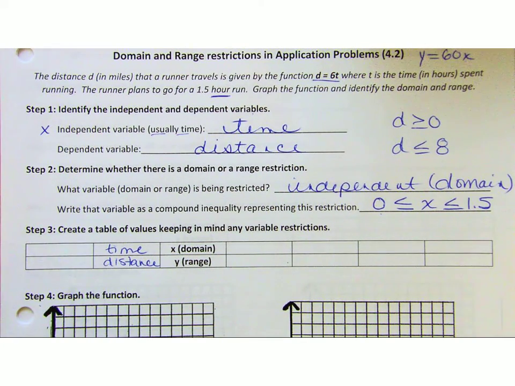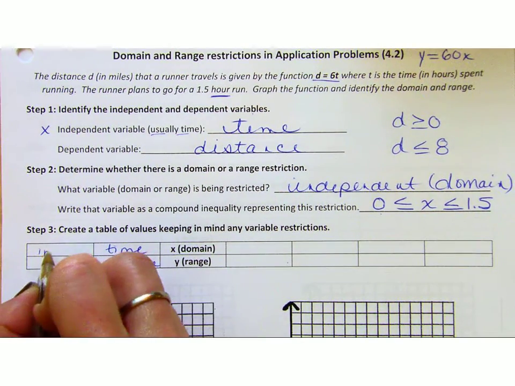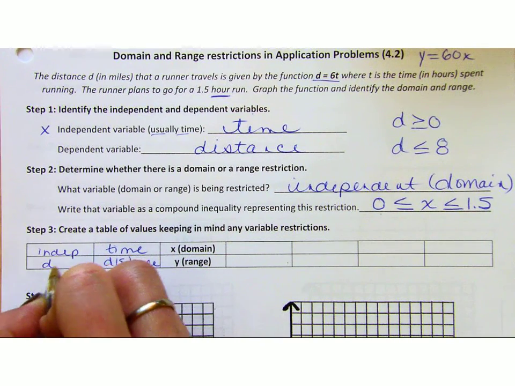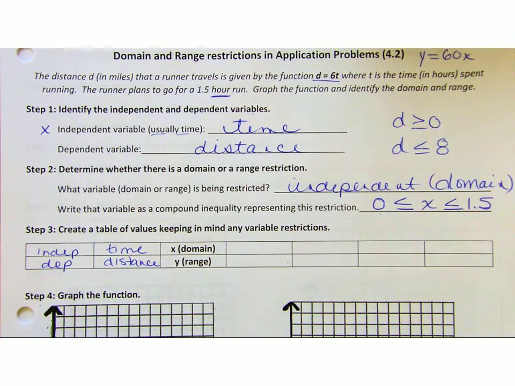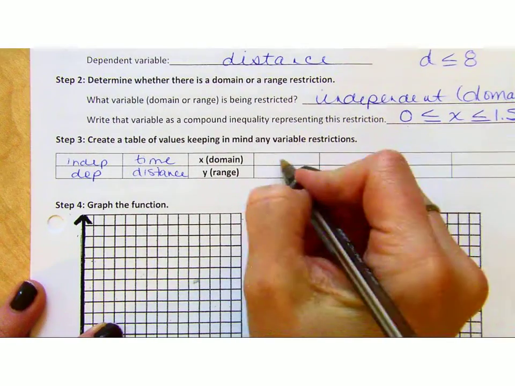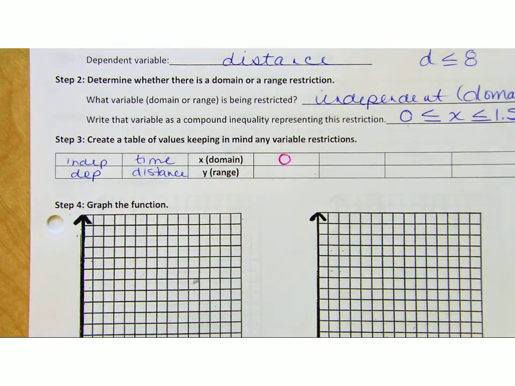And then this is obviously your independent and your dependent. Your distance depends on how long you've been running for, as simple as that. So what I want you to always start with including is, I didn't even start running yet. The timer still says 0. How far have I traveled?